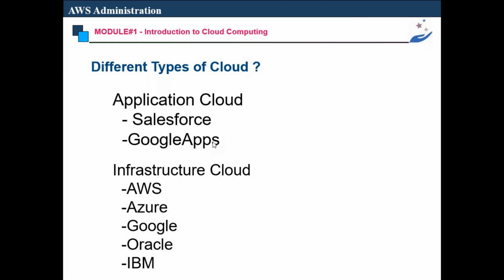Can you explain hybrid cloud with examples, like on-premises? Yes, hybrid cloud is a combination of public and private. Some services you get from on-premises, some services you get from the cloud.